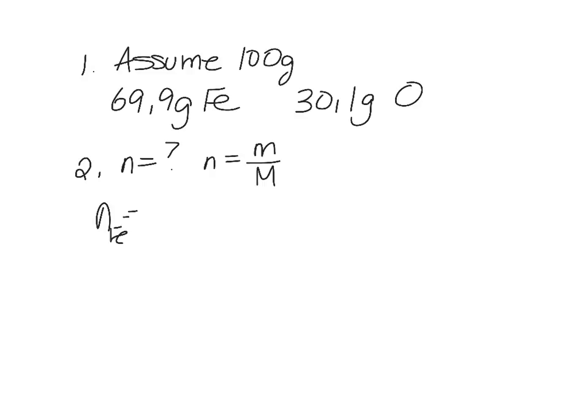Moles of iron is the mass of iron divided by the molar mass of iron. So you got to look that up on your periodic table. So you take the percent in grams, divide it by the molar mass of iron. Can you find iron? Is it 55.85? 55.85.